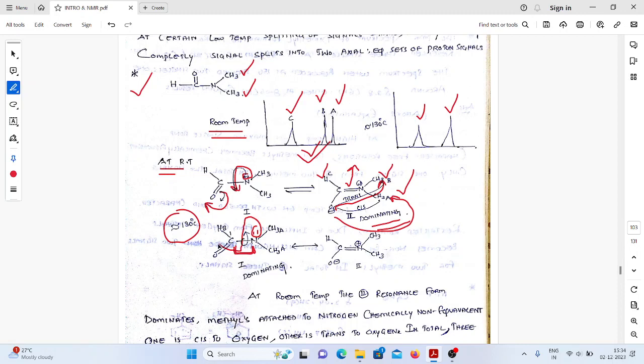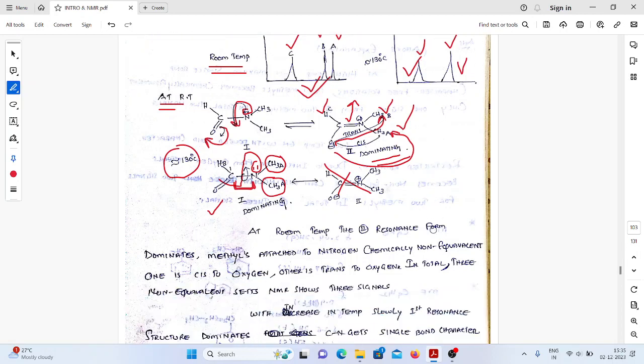The conjugation is not possible, so the formation of the double bond structure is not possible, and structure number one is predominant. With a carbon nitrogen single bond, these two methyl groups become chemically equivalent, which means only one signal. The aldehyde proton gives one signal. That's why you get only two signals. This is the effect of temperature.